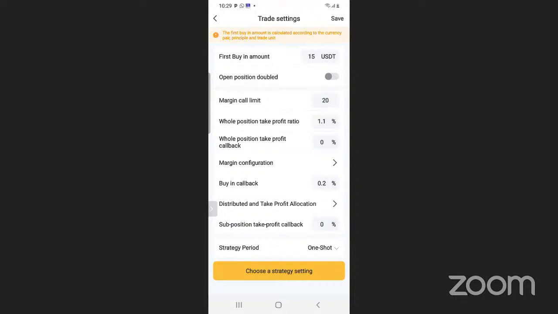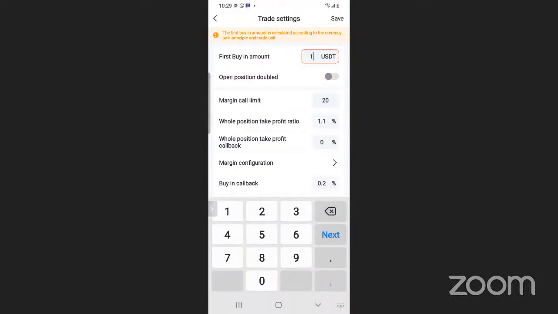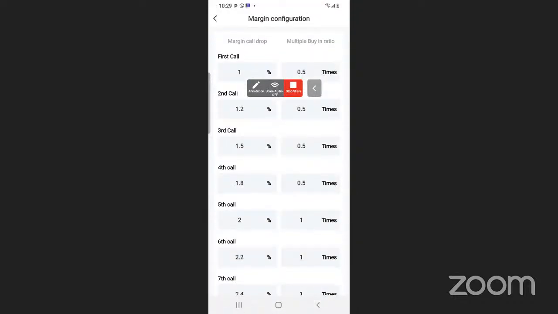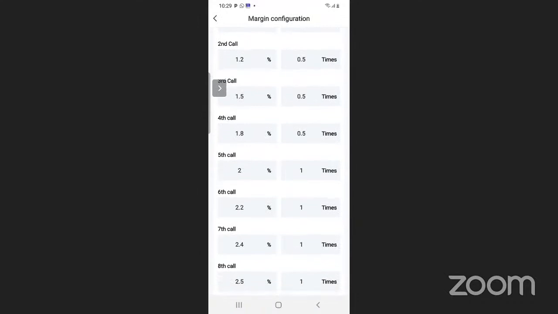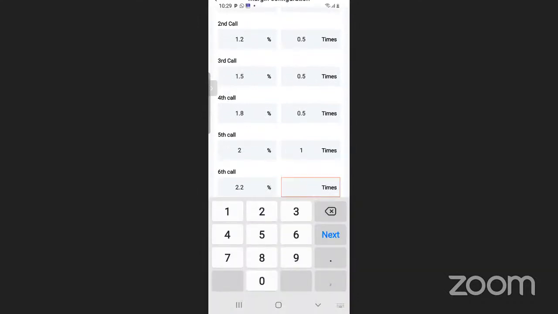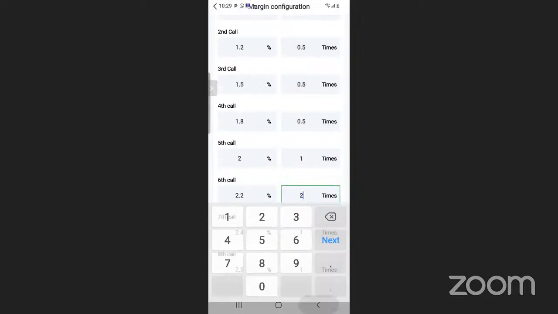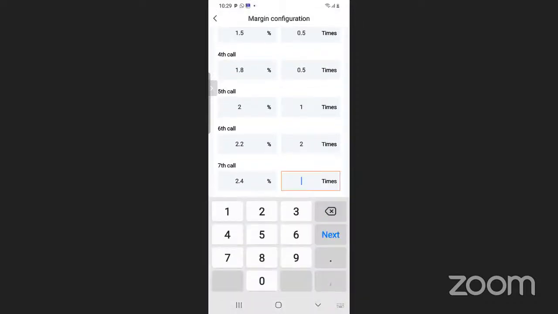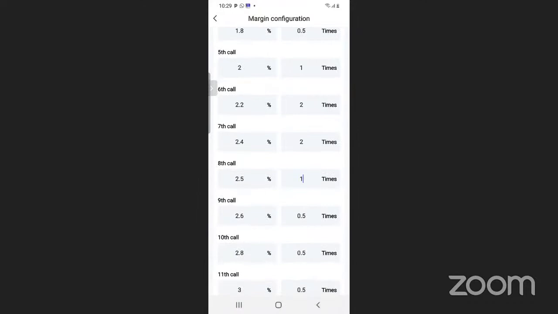You reduce the first buying amount to 10. Yes. And then you go to the margin configuration, the 7th call and the 8th call, you increase the number of times to 2. The 7th call to the 8th call, number of times, 2. And then also the 8th call, 2. Good. Right.